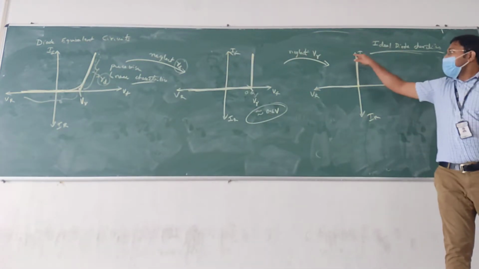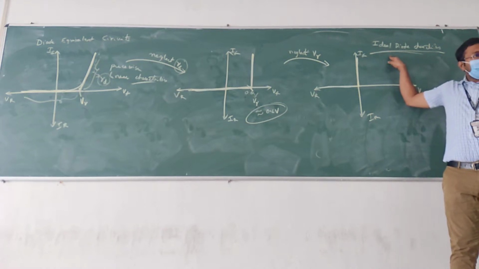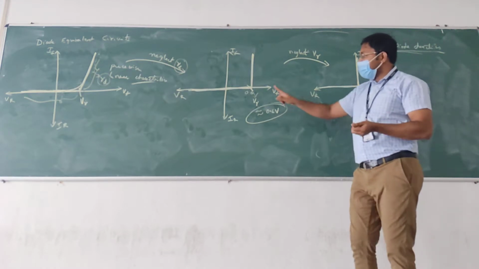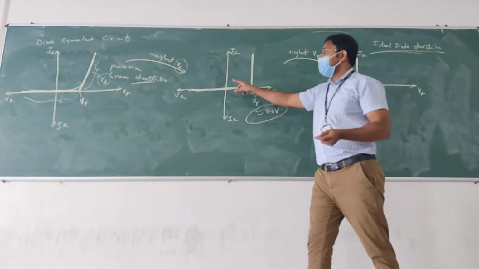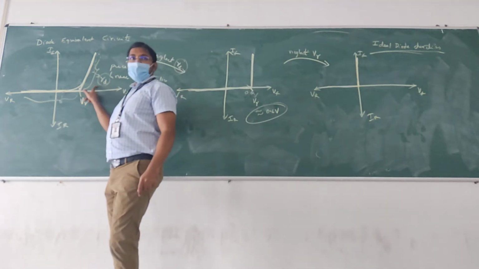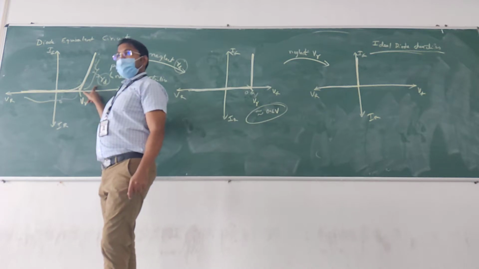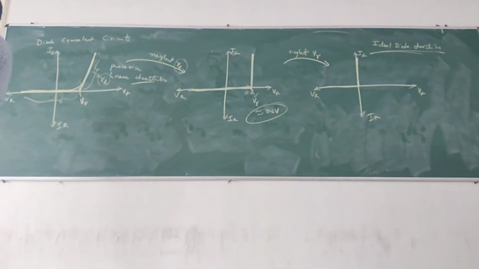What we are doing in ideal diode characteristics, we are neglecting the cut-in voltage because it is small. We are also neglecting the diode resistance. This is the AC or dynamic resistance.